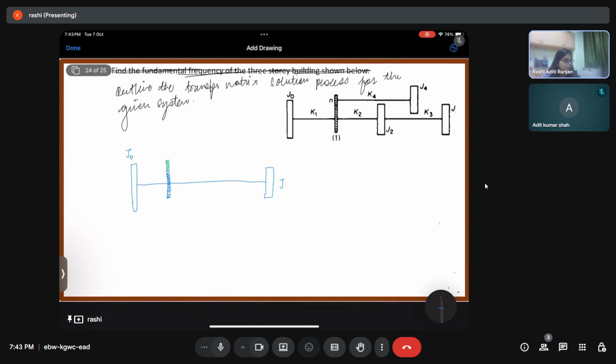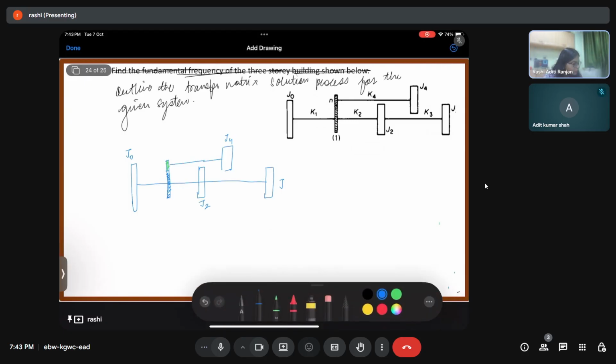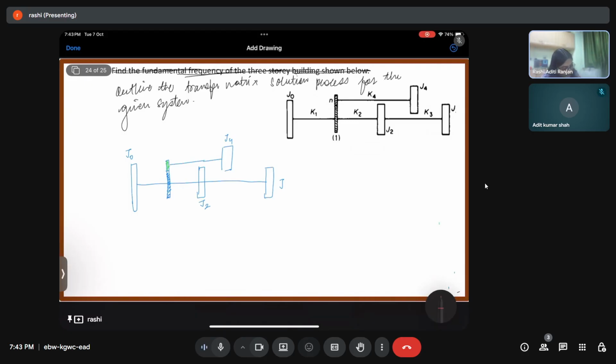Then we have from here this, which is J4. Over here we have J2. So for now, what we can do is assume that this point is point 0.